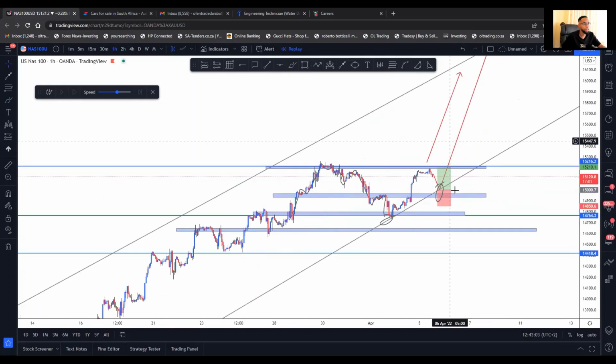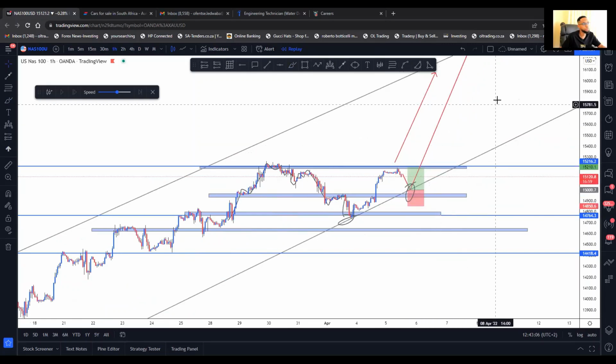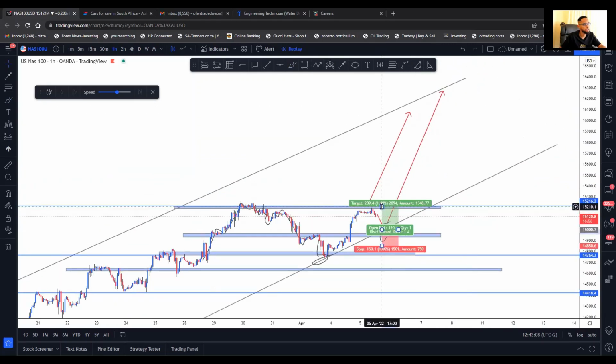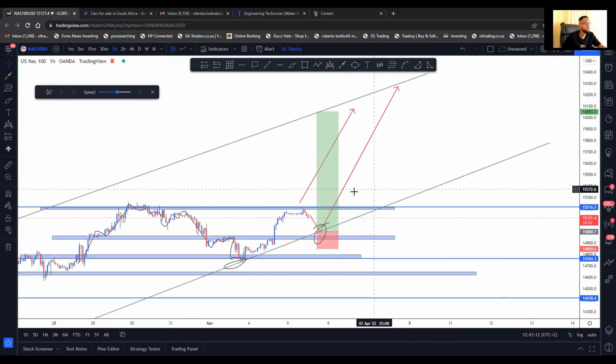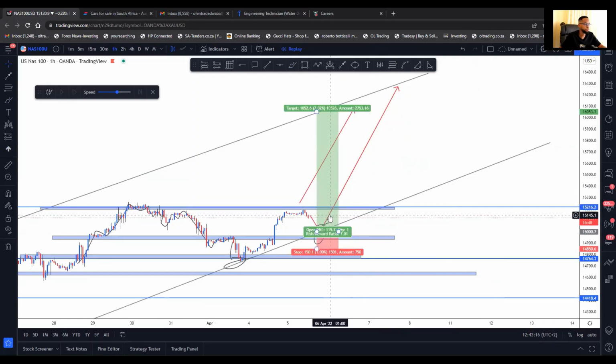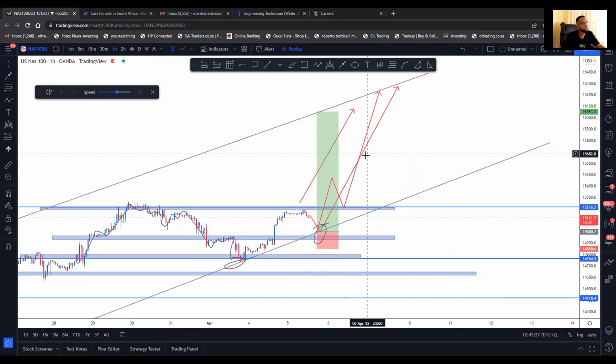Hence, I expect a bigger impulse to the upside from this level. This is what we can expect: a break and then a retest and push to the upside.